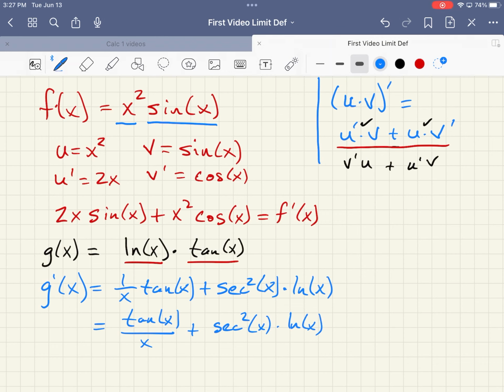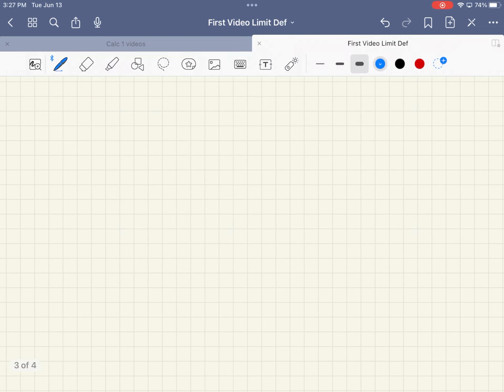Now, because quotients are related to products, we often do the quotient rule at basically the same time that we do the product rule. So let's look at an example from that. Let's suppose that we had this function h of x equals e to the x over x squared minus 2, and we wanted to find the derivative.